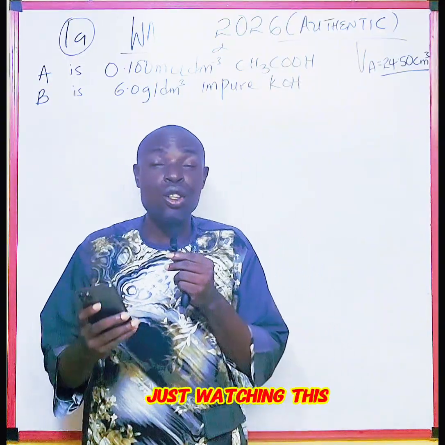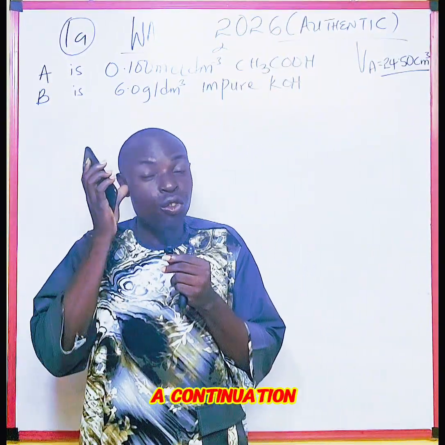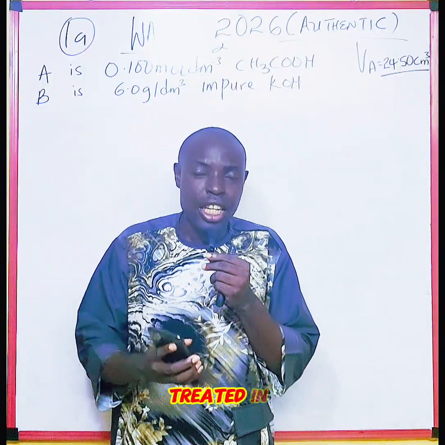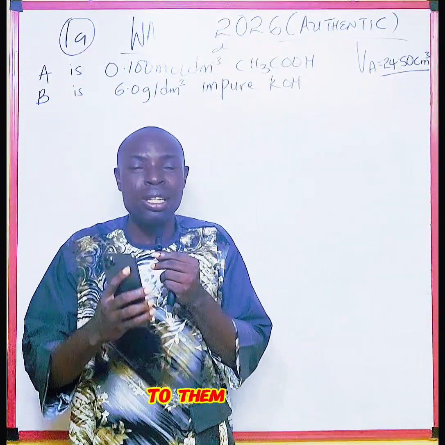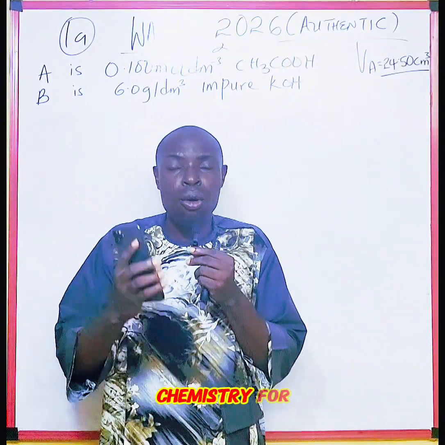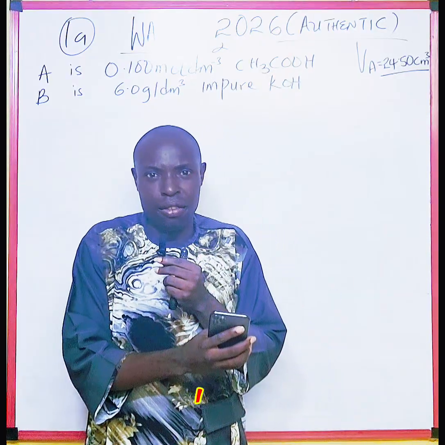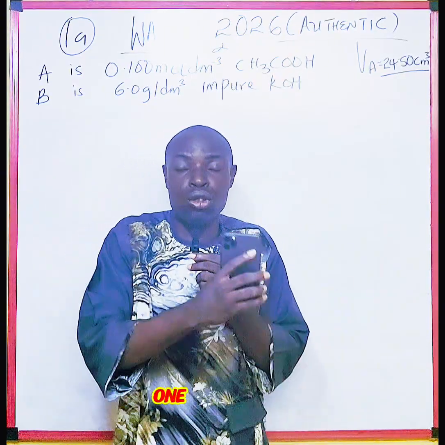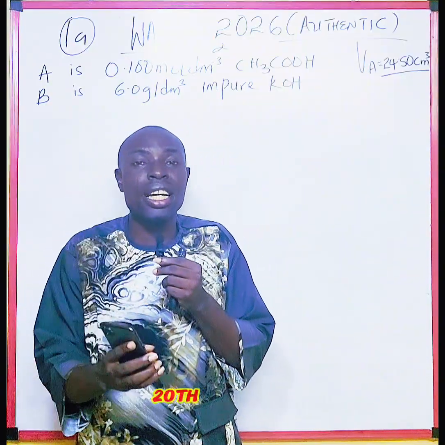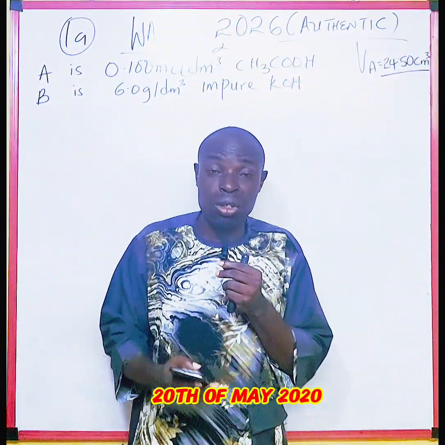Now if you are just watching this video for the first time, do well to watch our previous video. This video is a continuation of our previous video, where we treated the re-question that was given yesterday in WAEC 2026 chemistry, part 1, for the set 1 students that wrote yesterday, the 20th of May 2026.